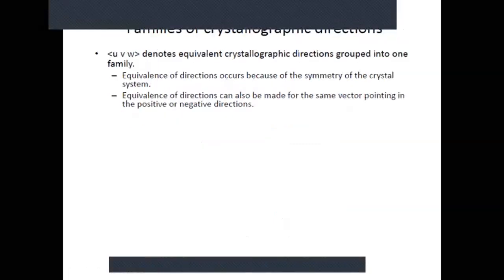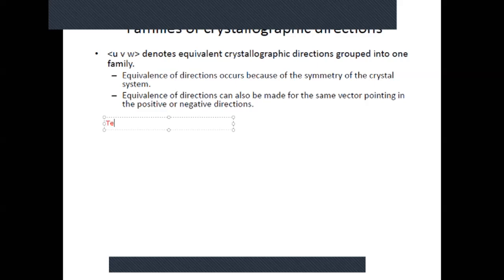And so we denote families of crystallographic directions in the brackets, UVW. Whenever you see these greater than, less than signs, this denotes a family of crystallographic directions, meaning that they're all related through symmetry. To give you an example of this, let's say we have a tetragonal crystal system.